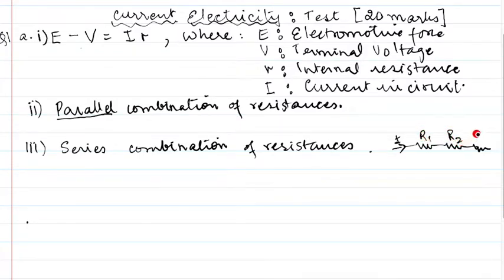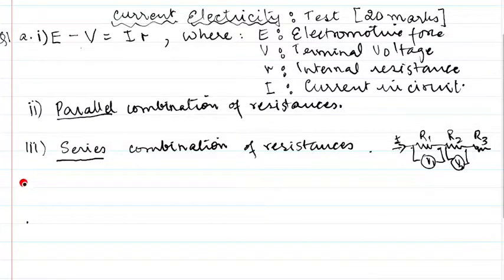So if my resistors are R1, R2 and R3, the potential difference across R1 will depend upon R1. V1 will be equal to IR1. If I have here another PD, that is V2, will be equal to IR2. So you will see the potential difference depends upon the value of the resistance. So this is a series combination of resistors.